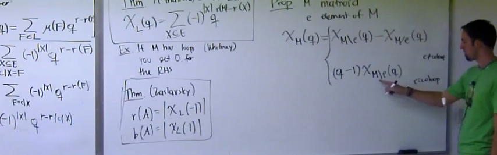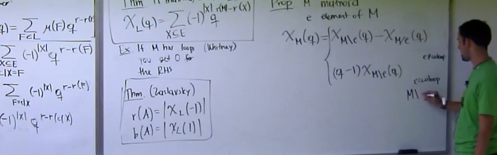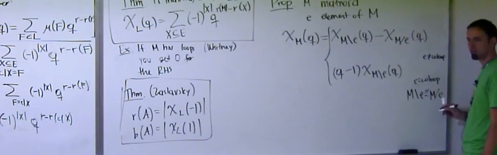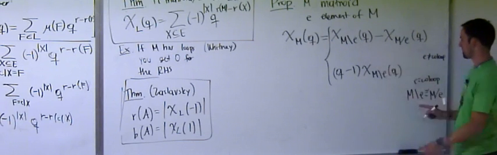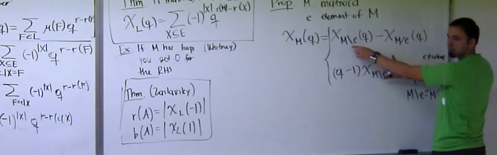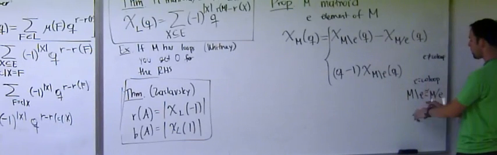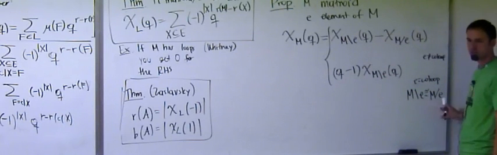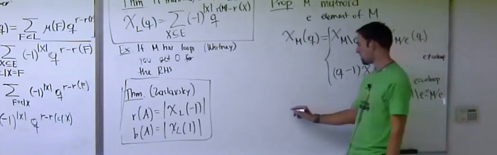For a coloop, actually remember, or if you don't remember, then prove that for a coloop, the deletion and the contraction are isomorphic. And so if this were true, you would get the same thing minus the same thing. You would get 0. But for a coloop, you just get q minus 1 times the characteristic polynomial of either one of these guys. They're the same. It's called the deletion-contraction formula.